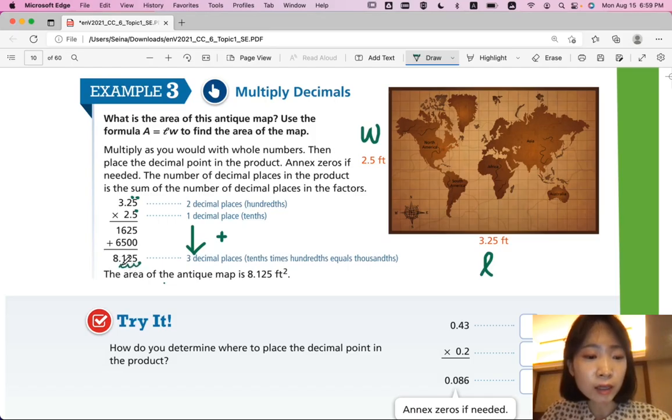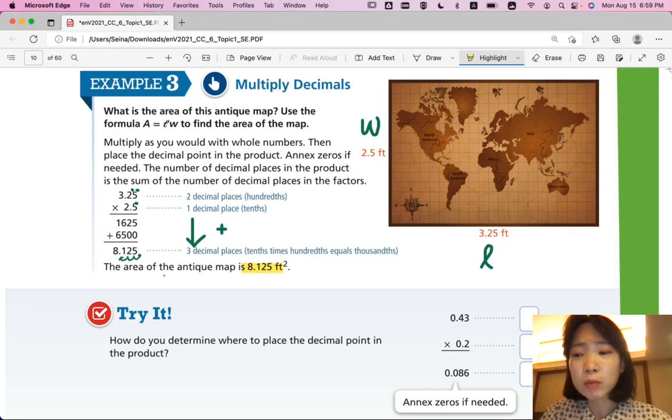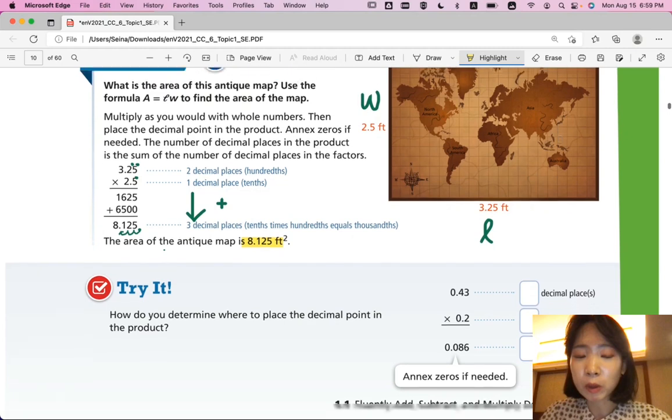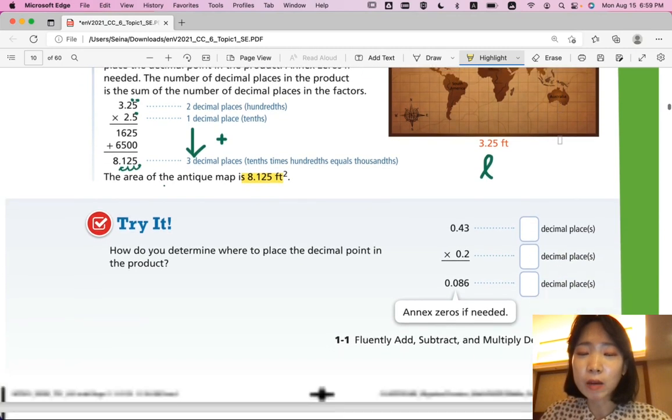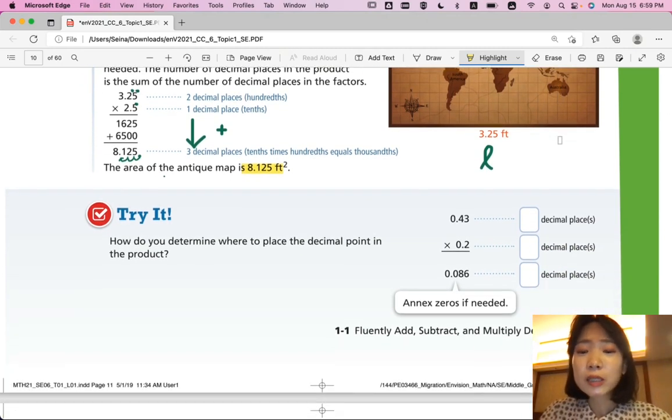And you're going to put your decimal point right here after 8. So the area of the antique map is 8.125 feet square. Okay? So just remember to count the decimal places when you're multiplying and add them for the answer. Let's look at the try question.